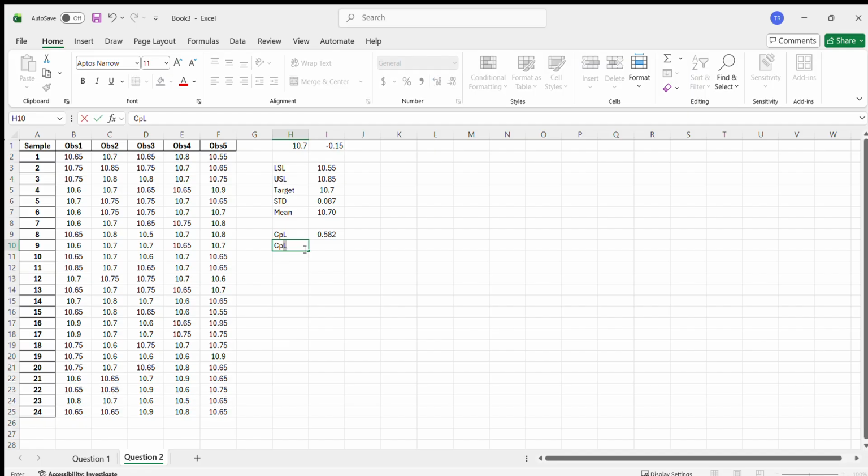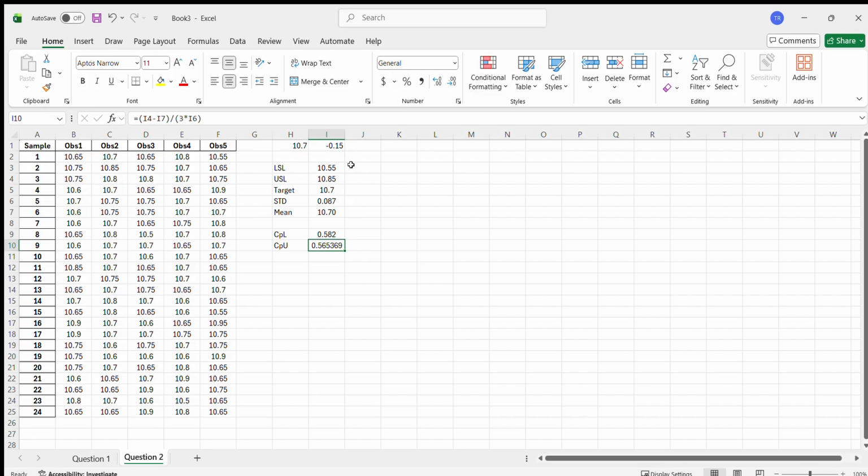So we're going to find the CPU now, which is just a little bit different of an equation than the CPL. It is the upper specification limit minus the mean, over 3 times the standard deviation.